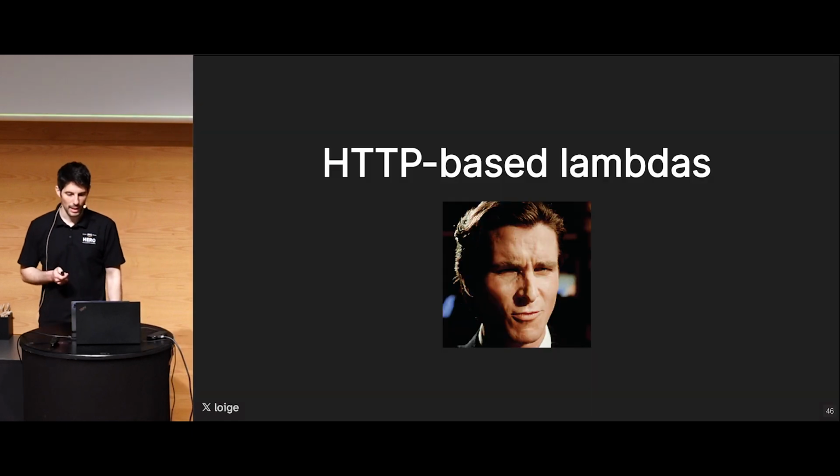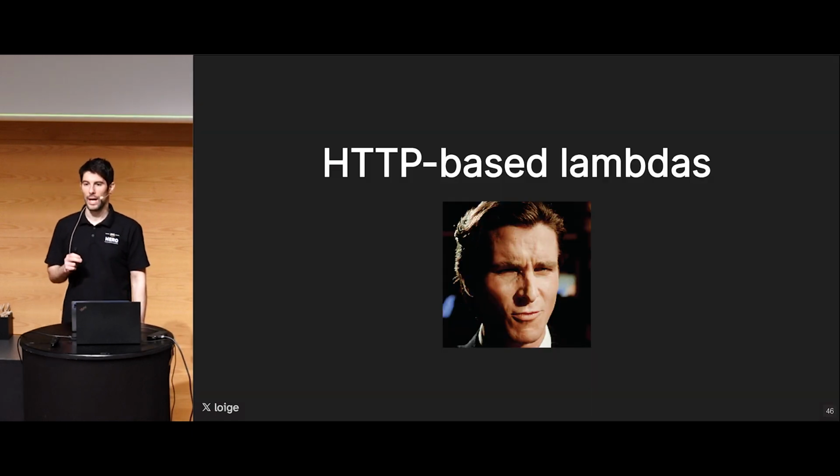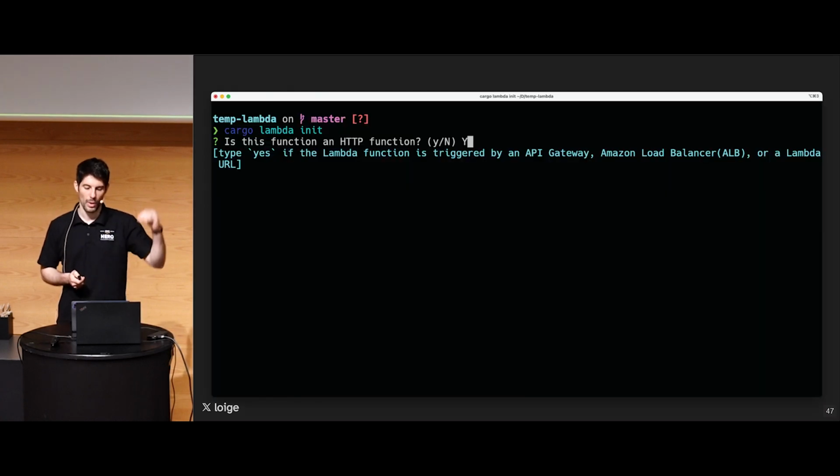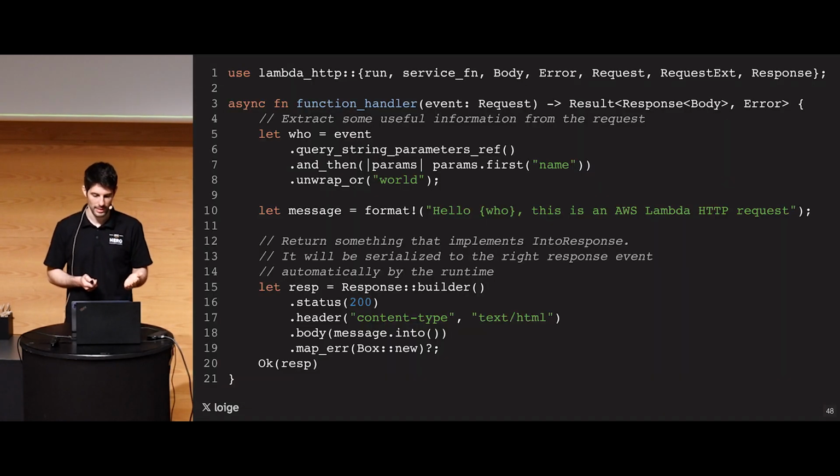OK, so the last thing I want to show you is that if you want to do HTTP-based functions, there is actually a very nice shortcut. Remember that when we did cargo lambda init, the first question was, is this an HTTP function? If you say yes, you end up with some code that looks like this, where this time, rather than having that lambda event type, we actually have a request and response type.